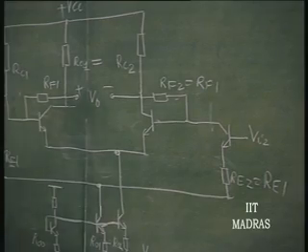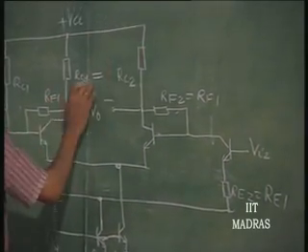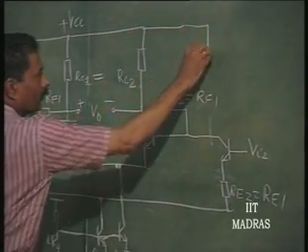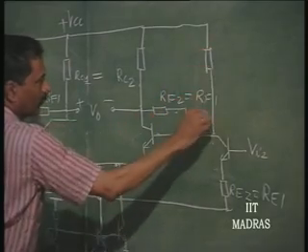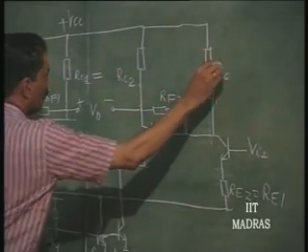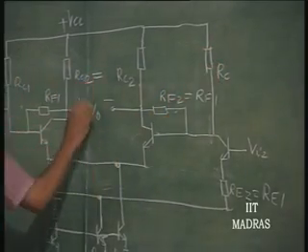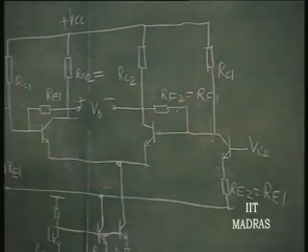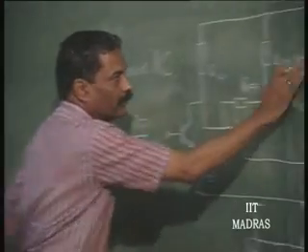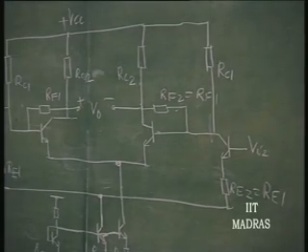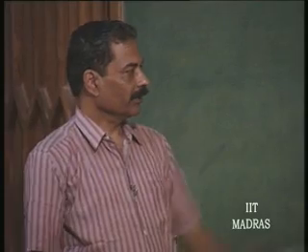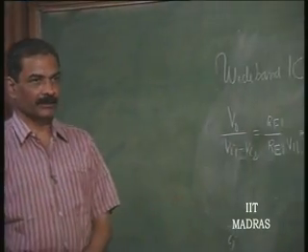Okay, I think there is one more resistance that is put. This will be RC2, this will be RC1. So, this is the symmetric structure which is going to give you a gain of RF1 by RE1, wideband.